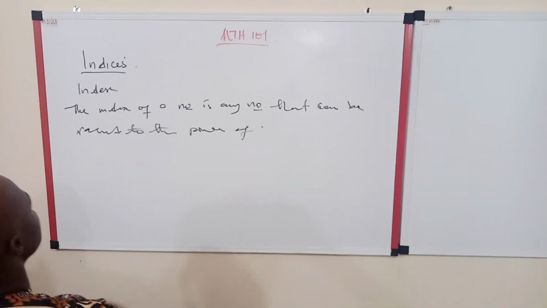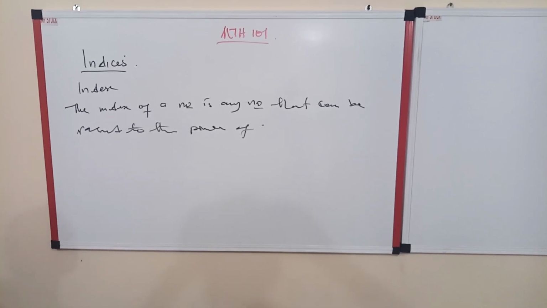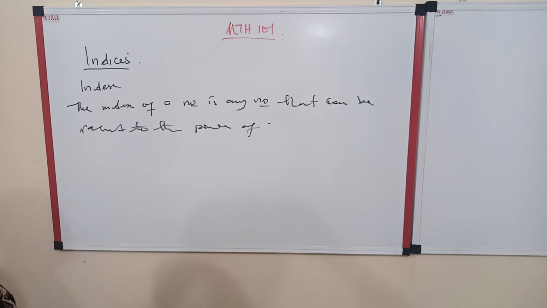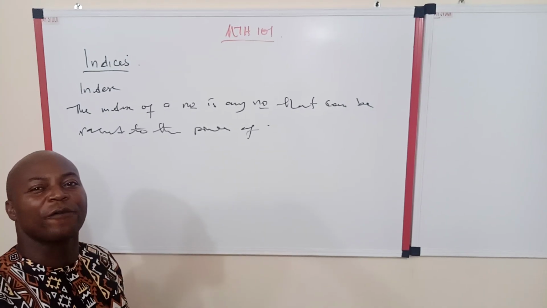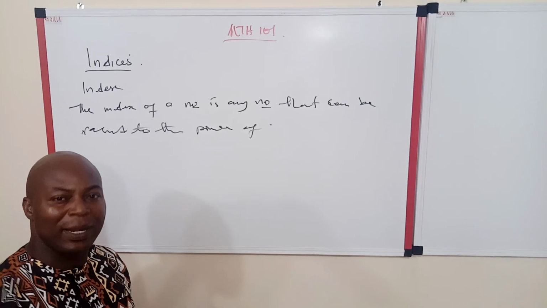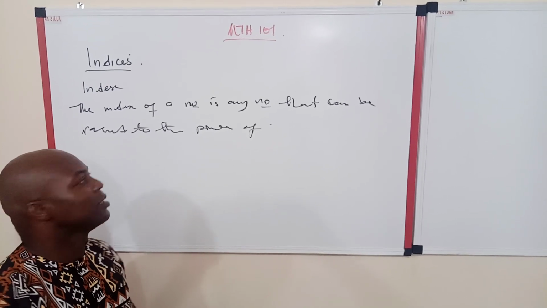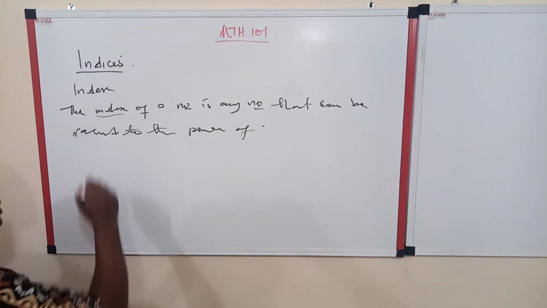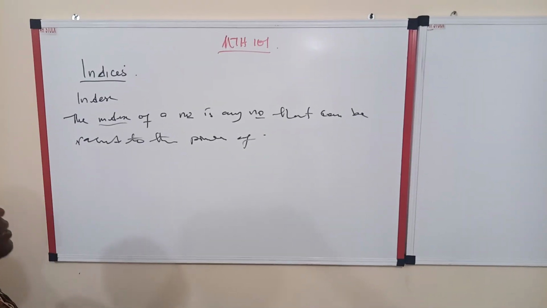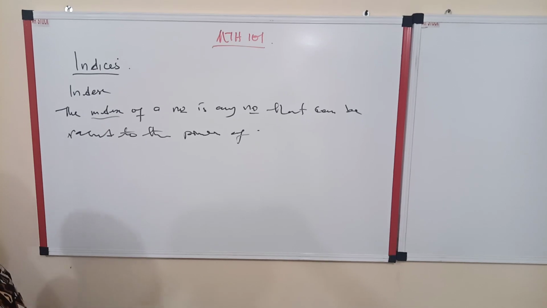In this case, the index itself indicates the number of times a particular number can multiply itself.